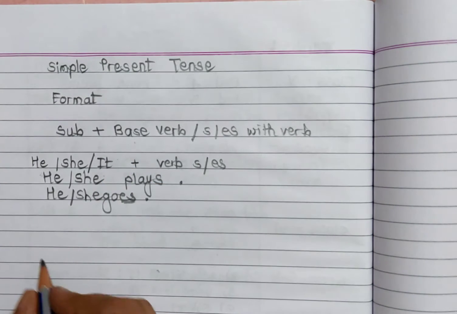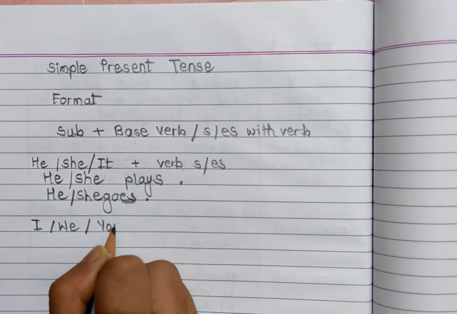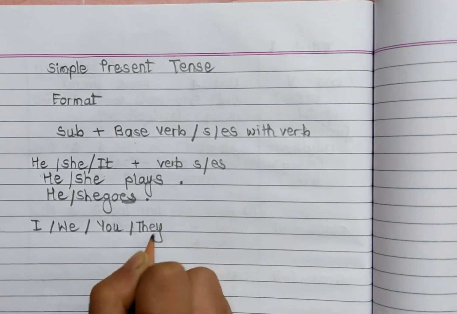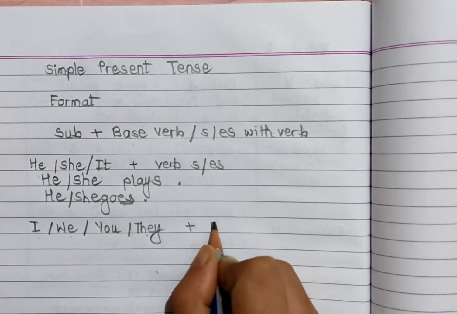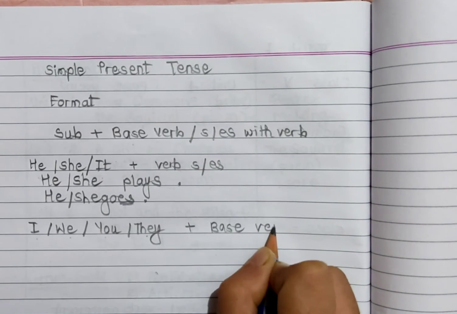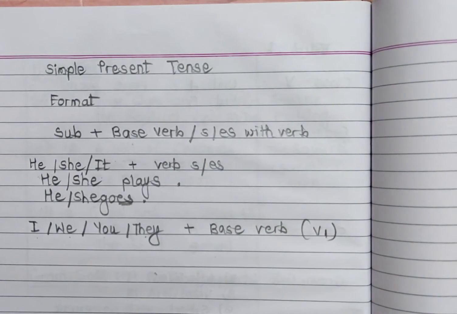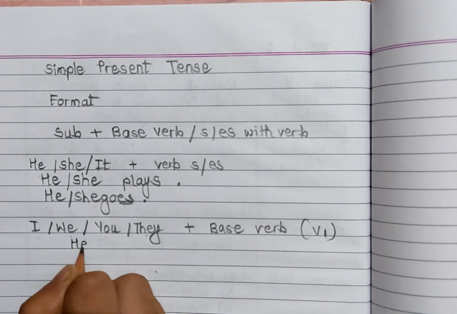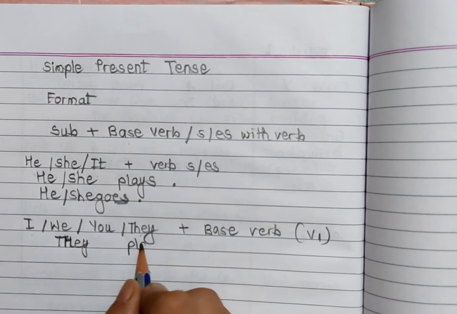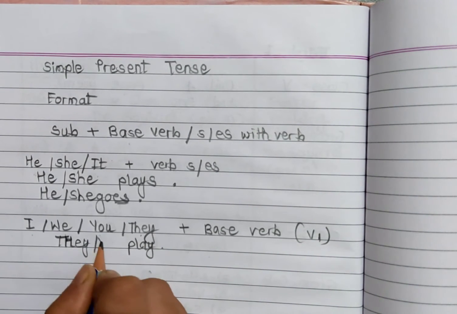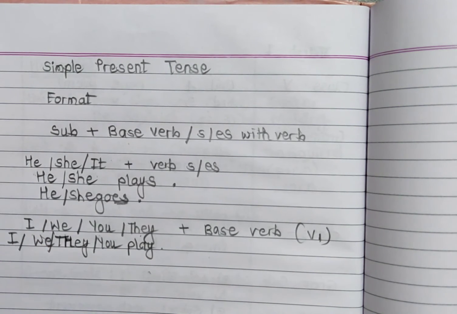What about be's verb? If there is I, we, you and they. If there are I, we, you, they. So with these you have to use the root form of verb, or you can say verb number 1 only. For example, they play, or you can say you play, or we play, or I play.